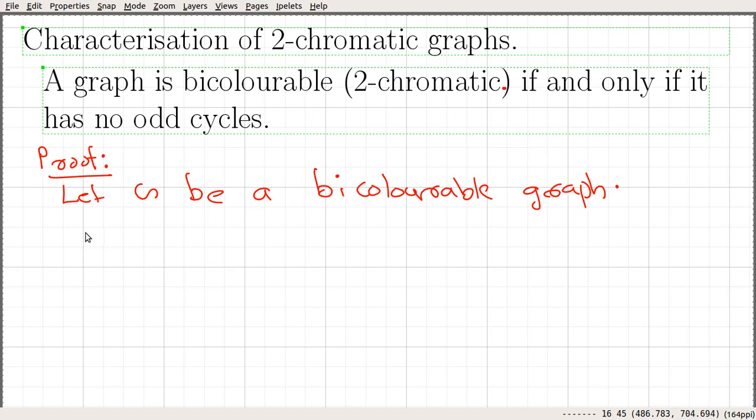Again, we want to prove that G has only even cycles.